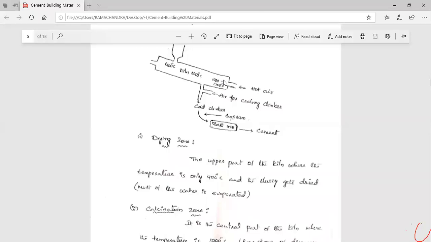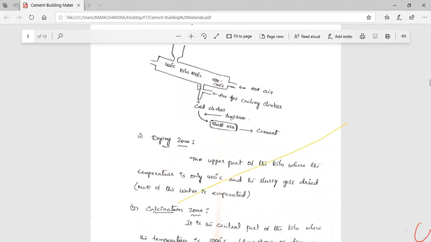The aluminates and silicates of calcium fuse together to form a hard greenish stone called clinkers.